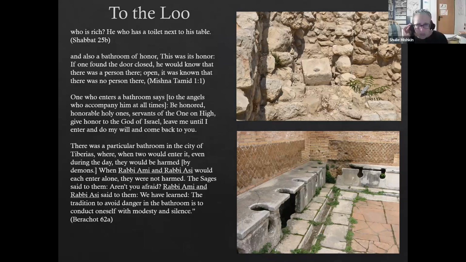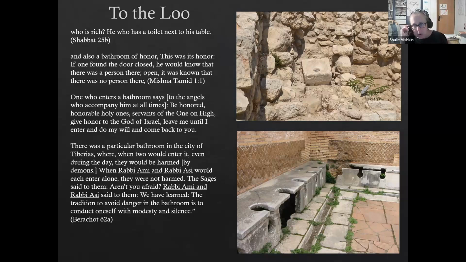We also find in First Temple times a really interesting, unusual place for a toilet in excavations that were done just a couple years ago in the gates of the town of Lachish, right? Very important town in Judea. They discovered a small temple, an idolatrous temple with an altar, and inside the temple they found a toilet.